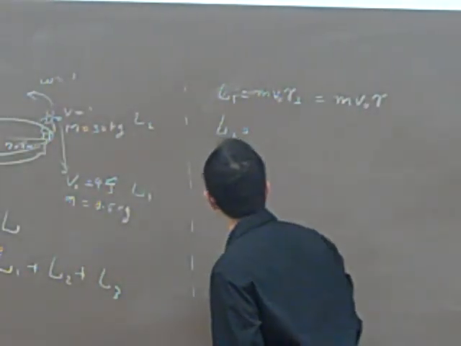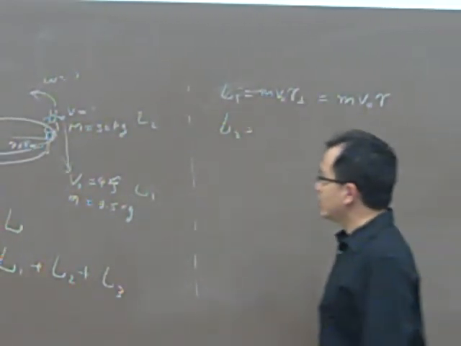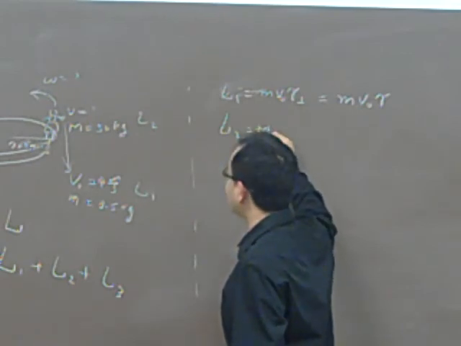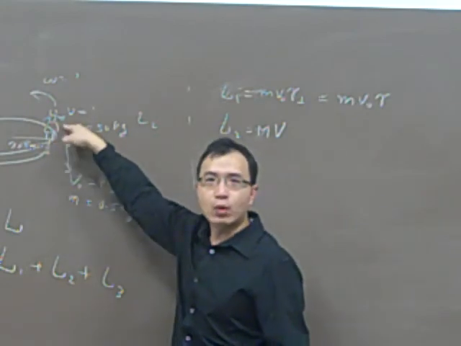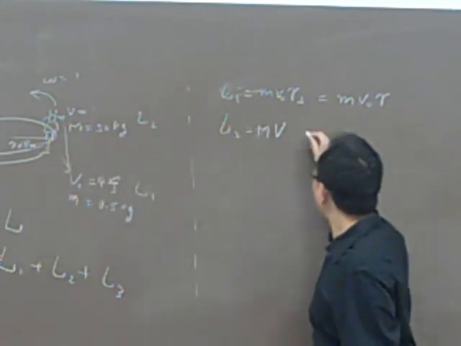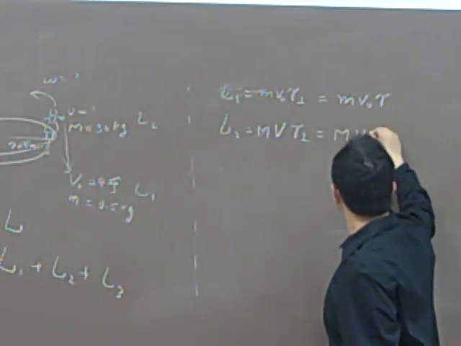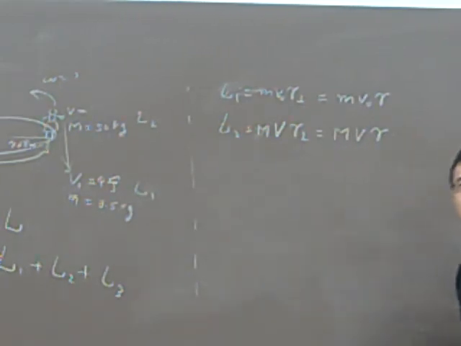Now, L2. Again we can use M, here capital M, and v, that's the velocity we want to find for the girl, multiplied by r perpendicular. So it will be capital M v r. Again, for the girl, r perpendicular is r.